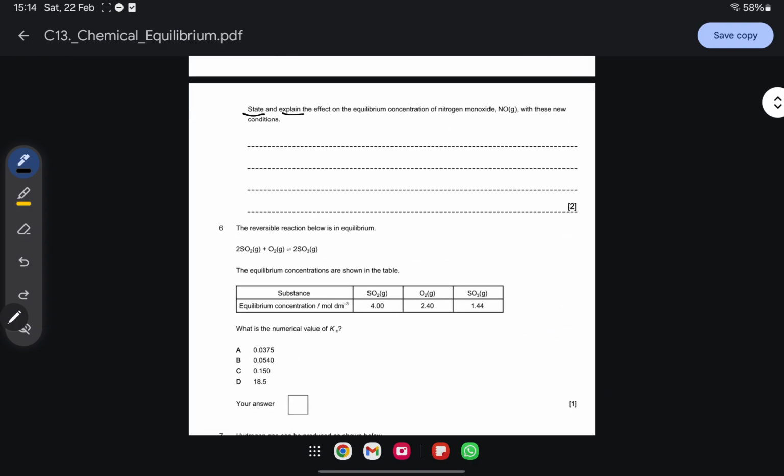This means that as the temperature increases, the equilibrium shifts to the right. Why? Because the forward reaction is endothermic.